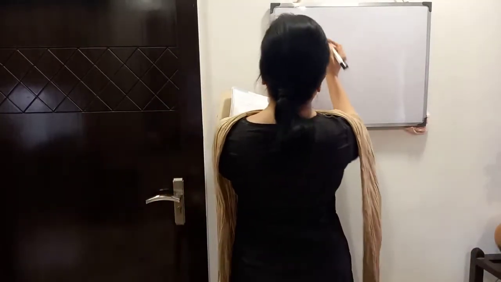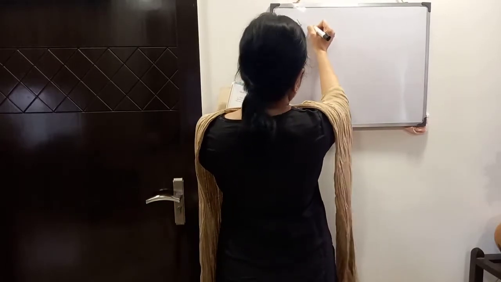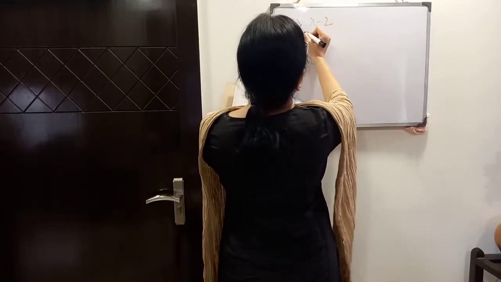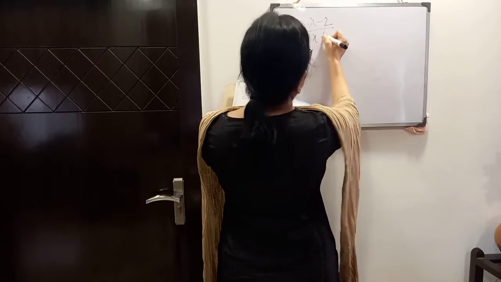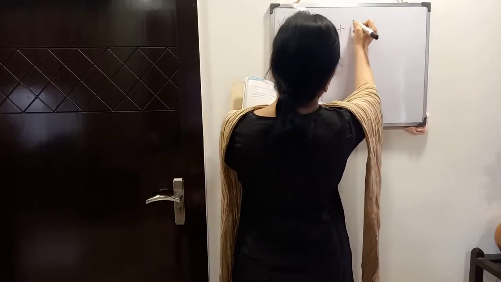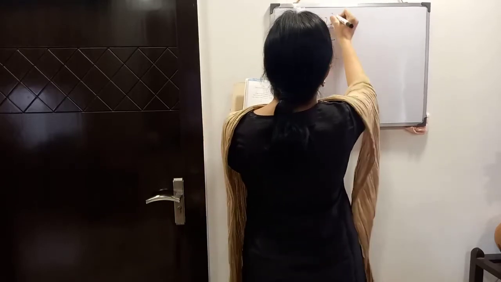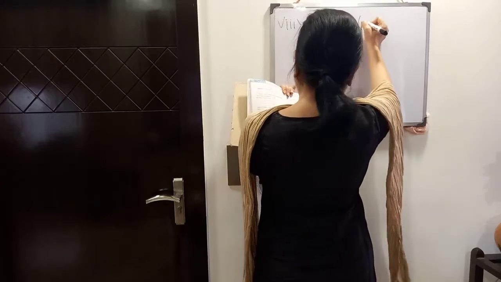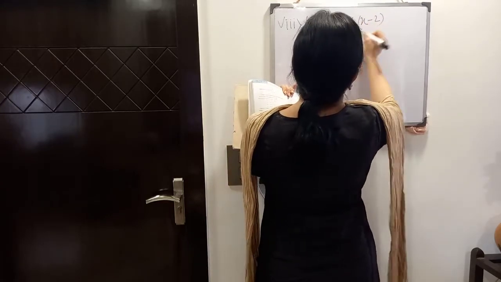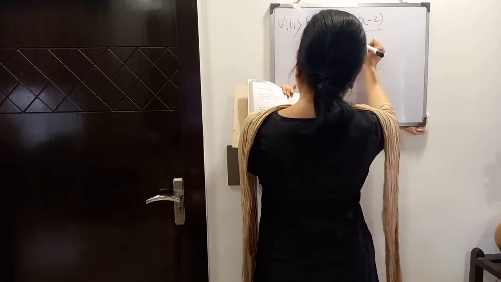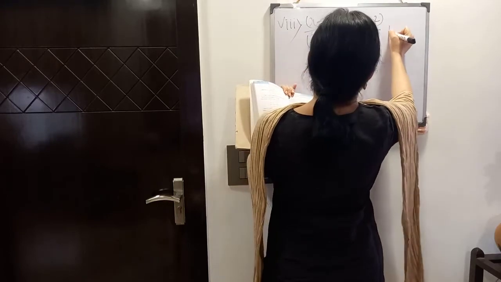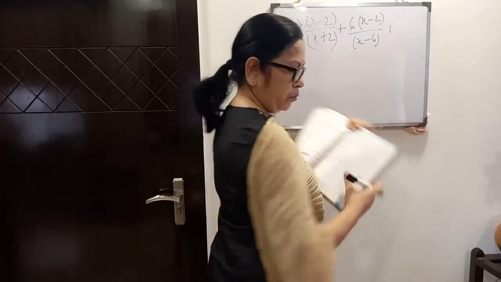x minus 2 by x plus 2 plus 6 into x minus 2 by x minus 6 equals to 1.